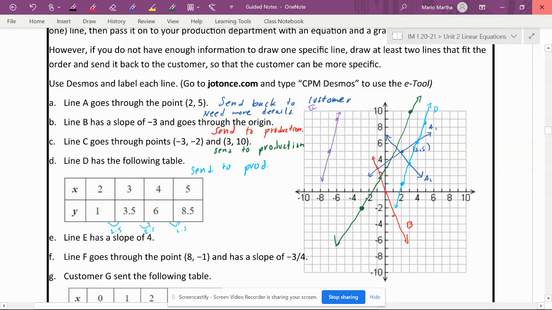And then I can draw another one down here in the fourth quadrant, right? From there, I'm going to go up 4 and then 1 to the right. So in this case, I can make 2 of those. So I'm going to say I need more information, send back to client, right? So send back.